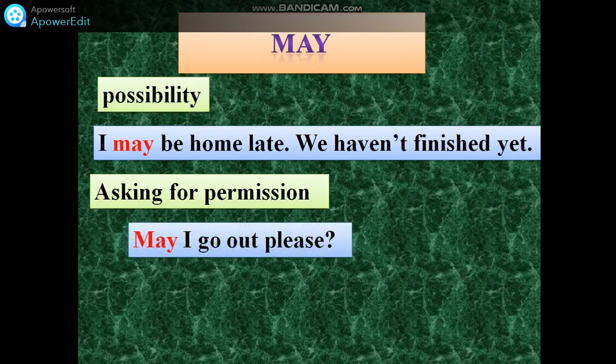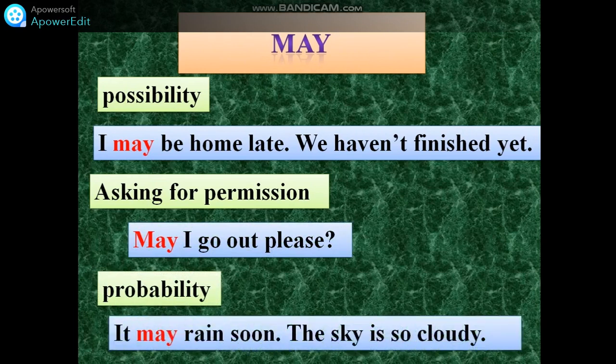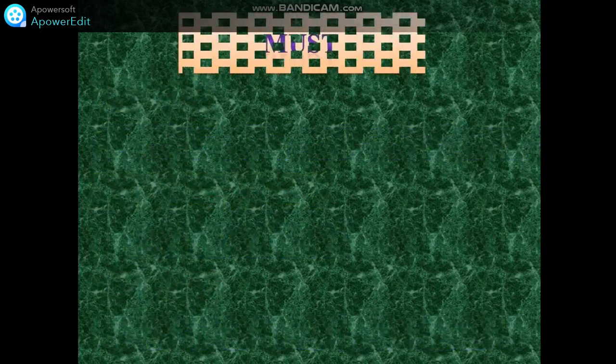Example, may I go out, please? Very good. May also means probability. For example, it may rain soon. The sky is so cloudy. So, probability, because the sky is so cloudy, it may rain soon. Excellent job.